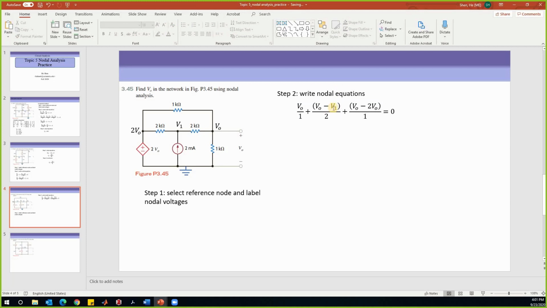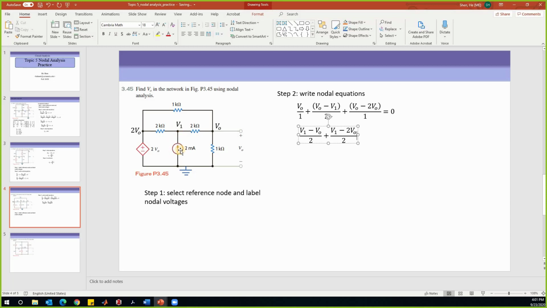It looks like we have another variable V1 there, so very likely we need another equation about this node V1. At node V1, we write the nodal equation. It has 3 branches. The current leaving from this branch is (V1 minus VO) divided by 2. And the current leaving from here to this branch is (V1 minus 2VO) divided by 2.